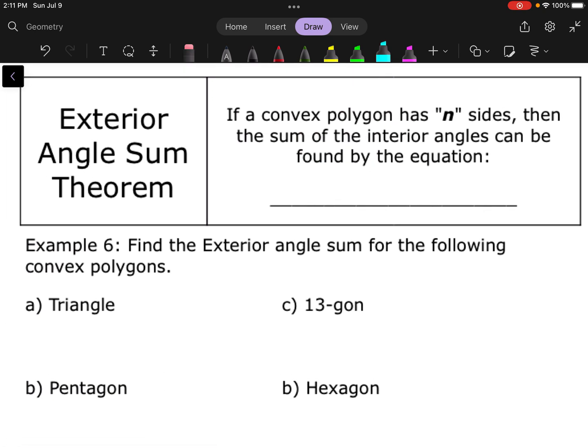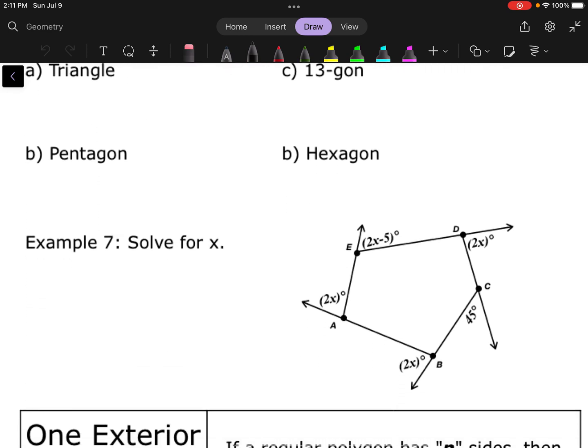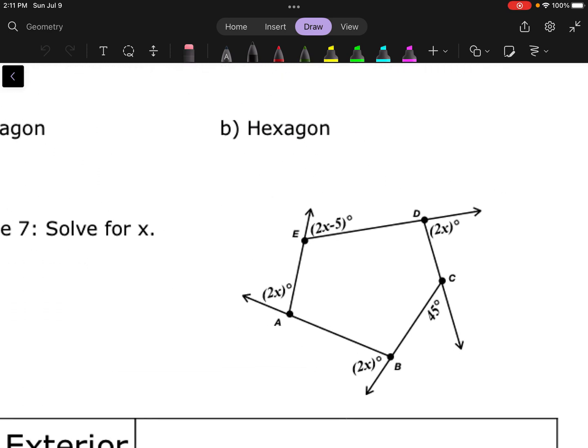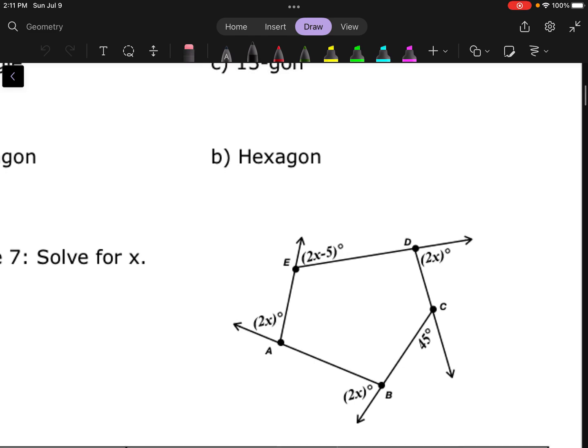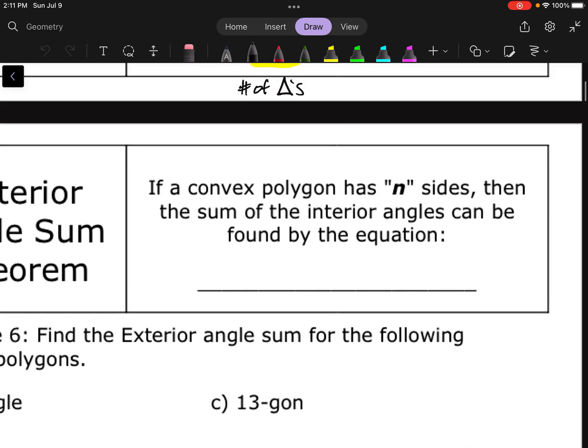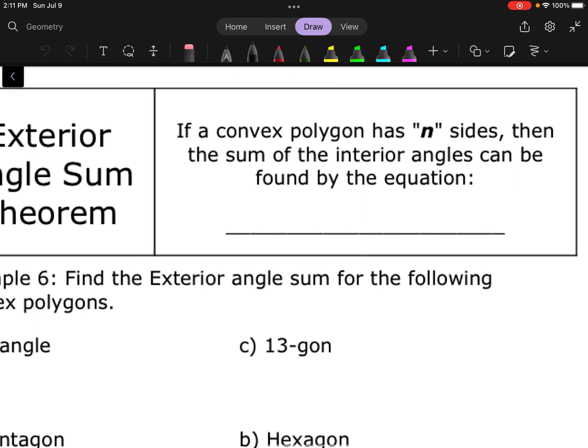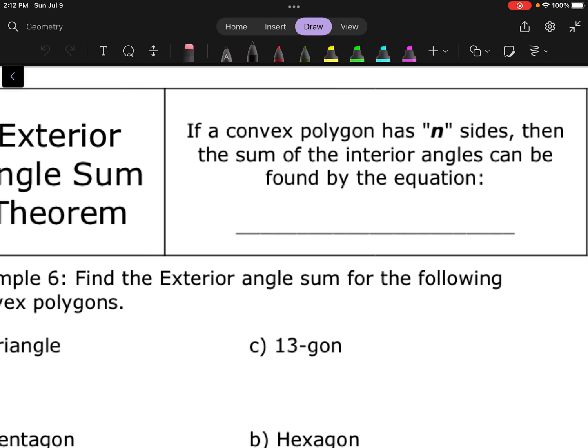Now let's talk about the exterior angle sum theorem. So if a convex polygon has insides, I guess before, these are what exterior angles look like, right? They're being formed on the outside. We saw it in a previous video when we were talking about the exterior angles on triangles, but this is what exterior angles look like on other polygons. So back to this. It says if a convex polygon has sides, then the sum of the exterior angles, oops, that should be exterior.